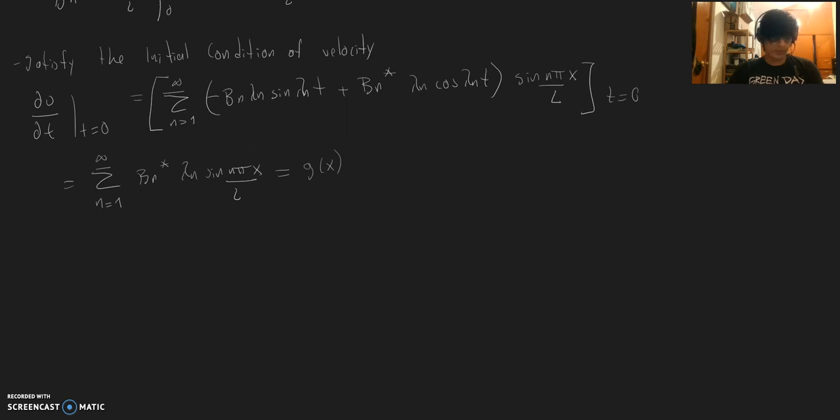So this gives us that Bn star times lambda n would be equal to 2 over L times the integral from 0 to L of g of x times sine of n pi x over L dx, and we are just obtaining the new coefficient of the Fourier series there.